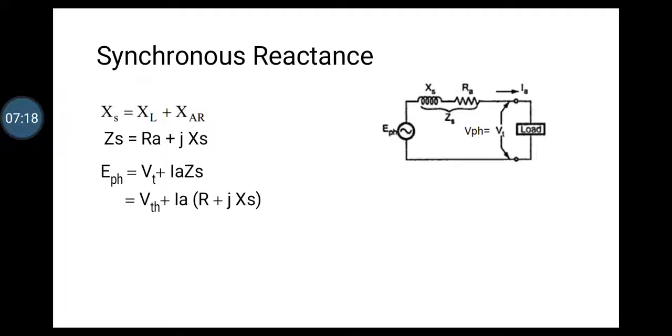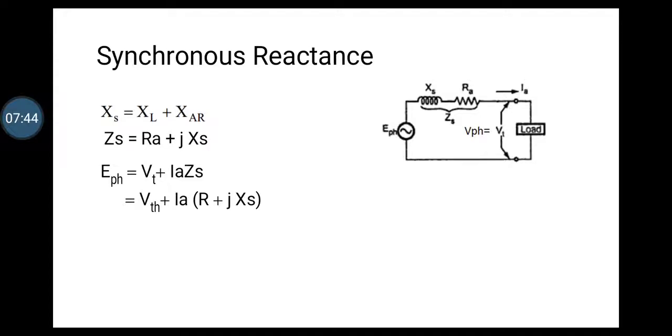So the total impedance, that means the synchronous impedance, will be Ra plus jXs. The total phase voltage, that means the no load EMF, equals the terminal voltage plus the total drop, Ia into Zs, which equals Vt plus Ia into Ra plus jXs.